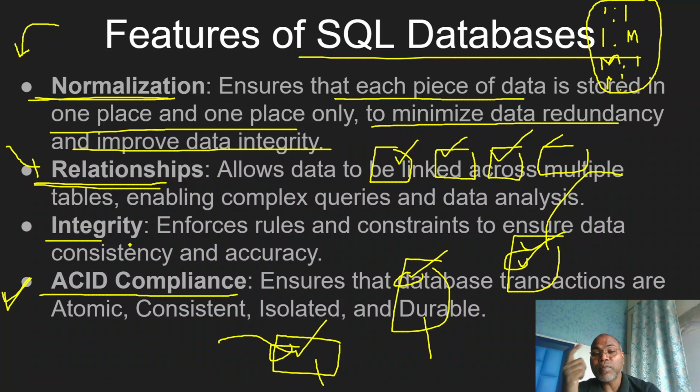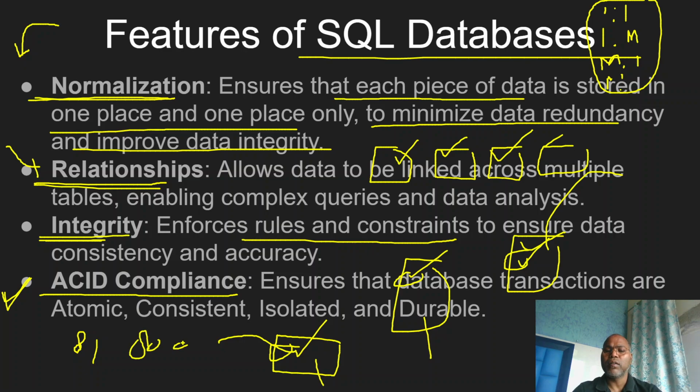RDBMS databases also ensure some level of integrity, enforcing rules and constraints to ensure data consistency and accuracy. Let's say you have defined a table with name and age, and age is a number. You could put an employee age of 81, or 800, or 8000, all of which are numbers. Is that a really valid employee age?